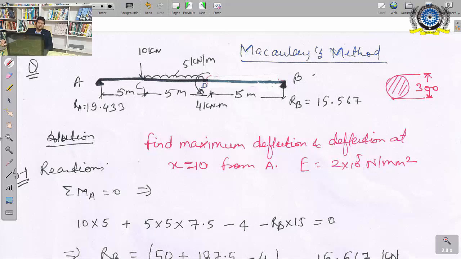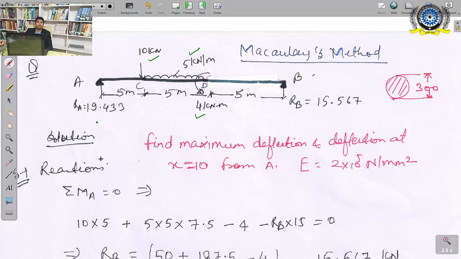In this beam, there is a point load, there is a uniformly distributed load, and there is a point moment. So three different loads are acting, that is point load, UDL, and point moment of 4 kN. These three loads are acting.